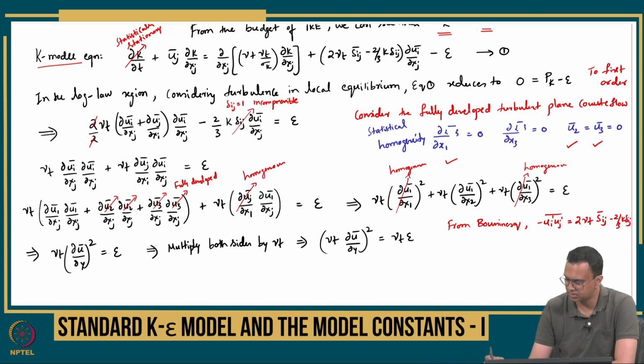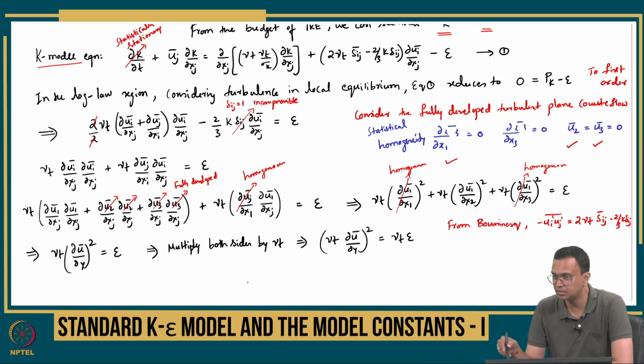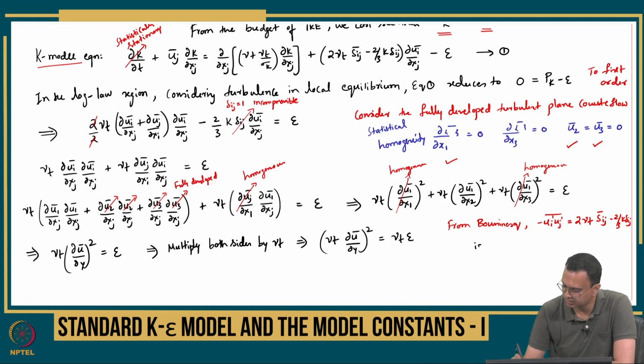Considering this particular flow, for a shear stress, let us say i equal to 1, j equal to 2, I get minus u1 prime u2 prime. The last term goes away because delta 12 is 0.